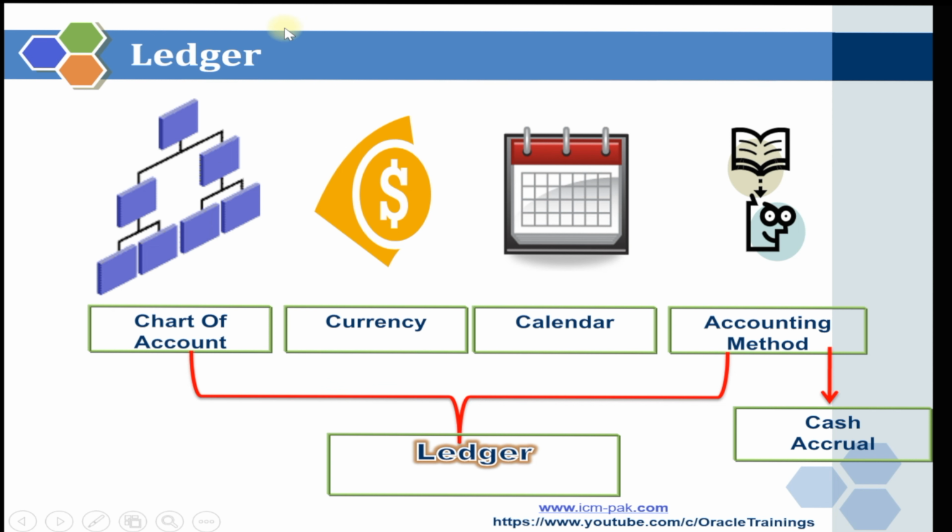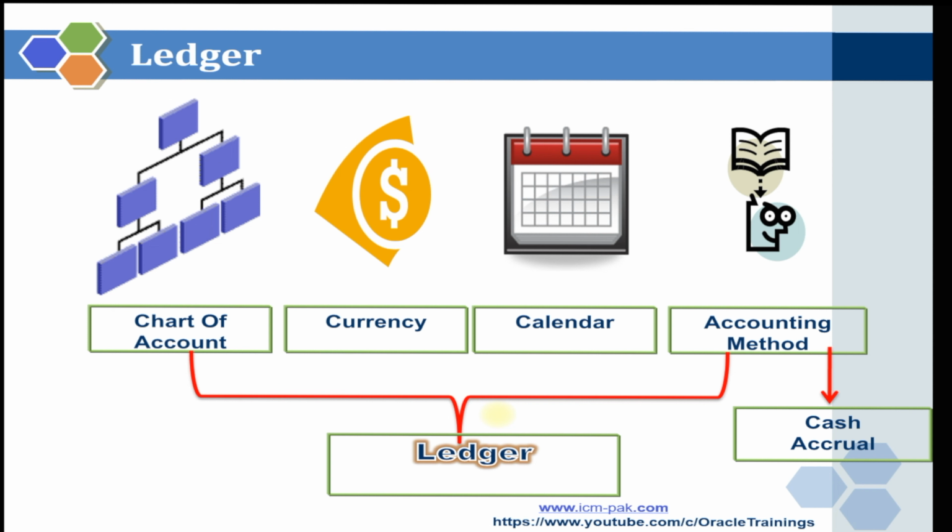Anyhow, in Oracle Financial modules, you will configure a ledger. A ledger consists of 4 things: chart of accounts, currency, calendar and accounting methods. Once you club these 4 things together, it builds a ledger. You need to make the ledgers, because all accounting transactions will be linked with the ledger. If you are working with a very big company or organization, you can have one or many ledgers.